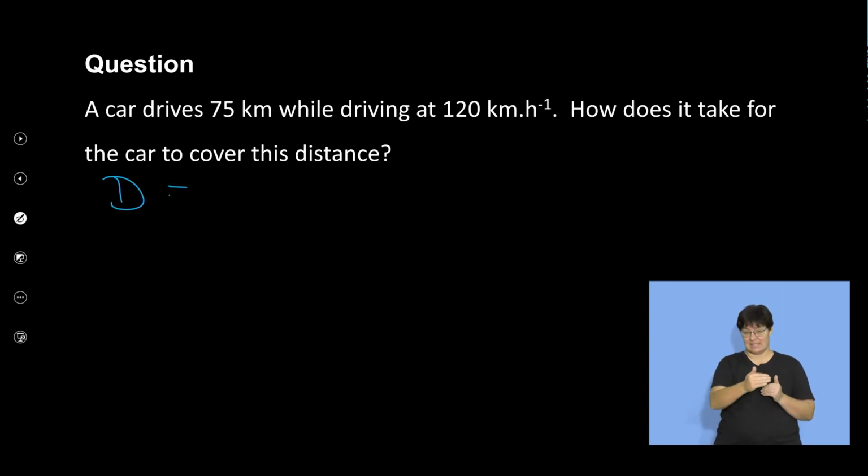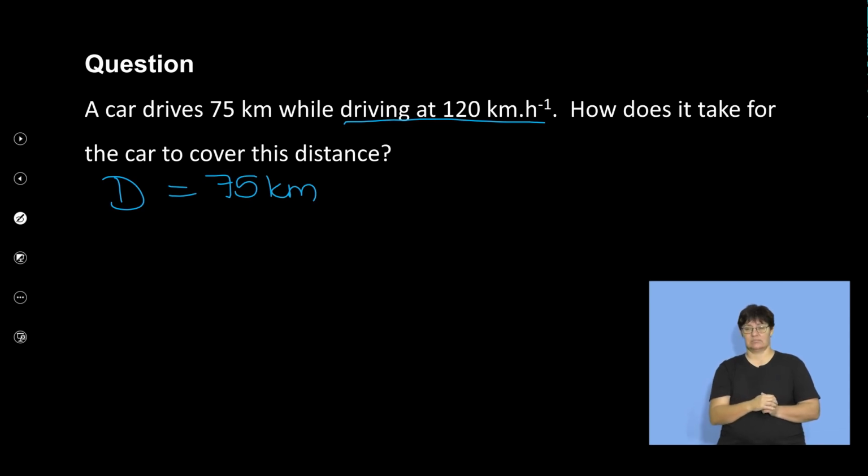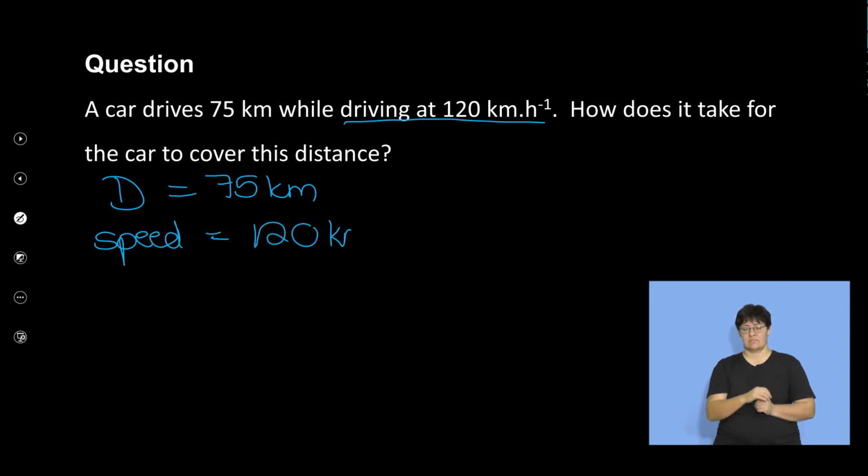Distance, 75 kilometers. Average speed, because that's what they're telling me, or they're saying speed at, so we can just say we know what the speed is. 120 kilometers per hour, and they want to know time.